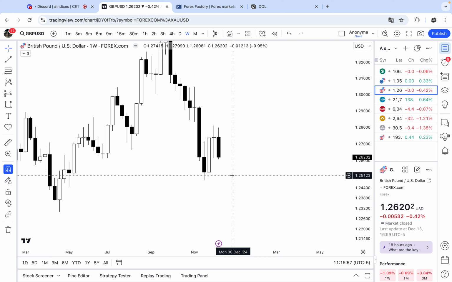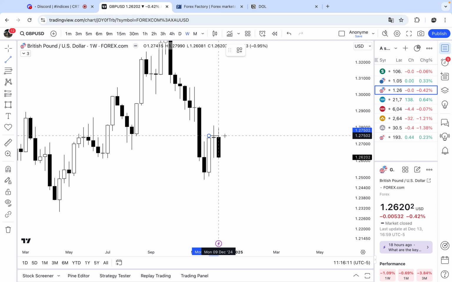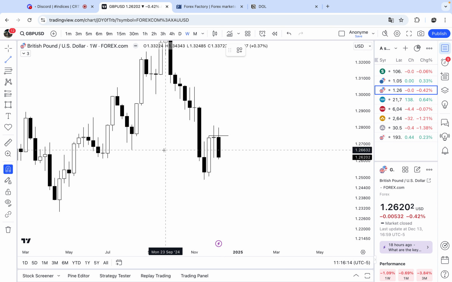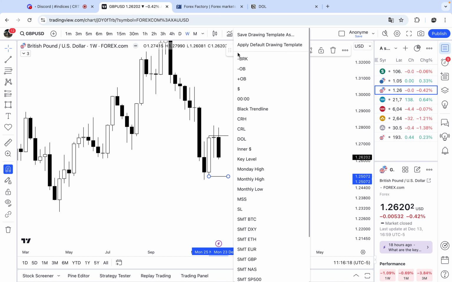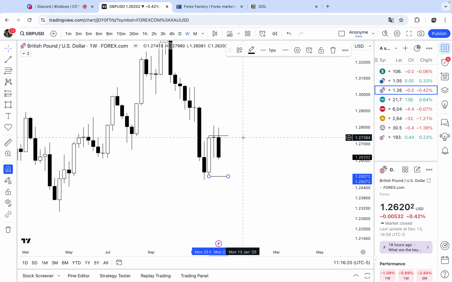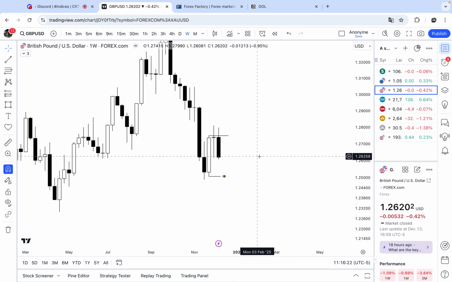A CRT low, right? Yeah. So this is a drawn liquidity, drawn liquidity number one. Are there other key levels?